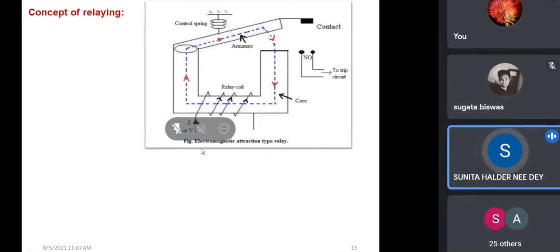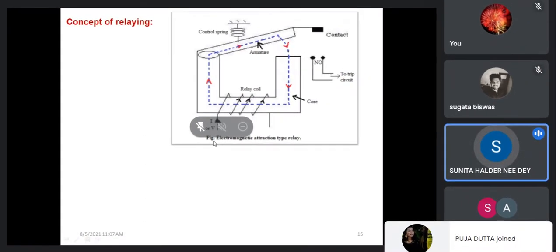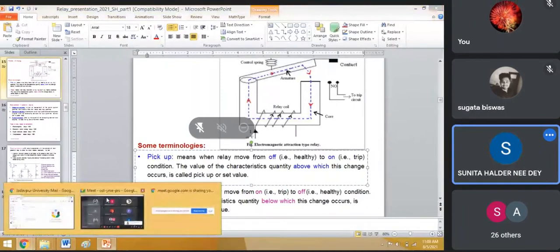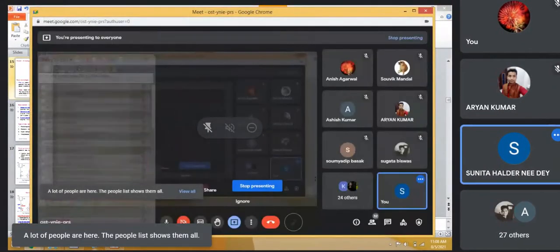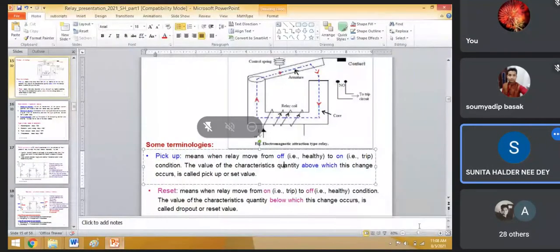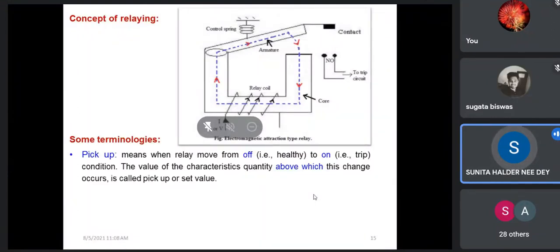So we have discussed up to this slide in the previous class. We have discussed the concept of pickup and reset value of a relay. Pickup current means the amount of current for which the relay starts its operation, and obviously any current more than that will operate the relay.